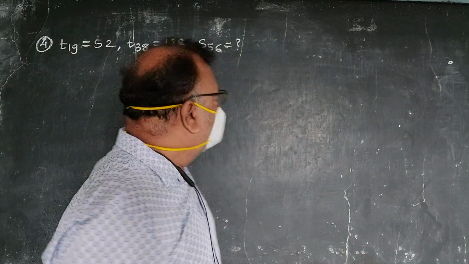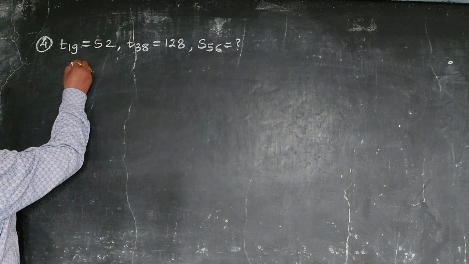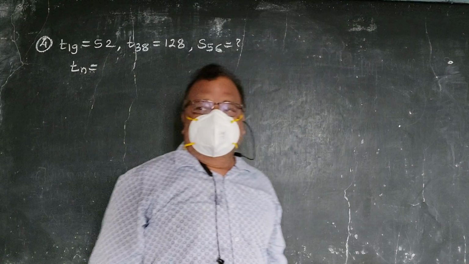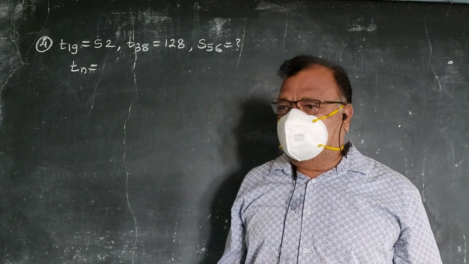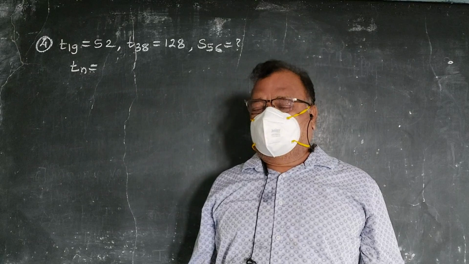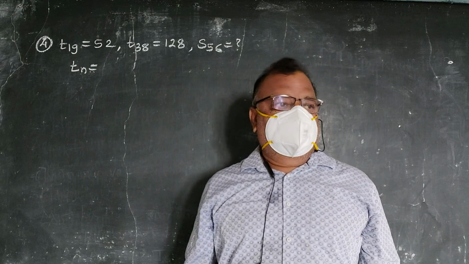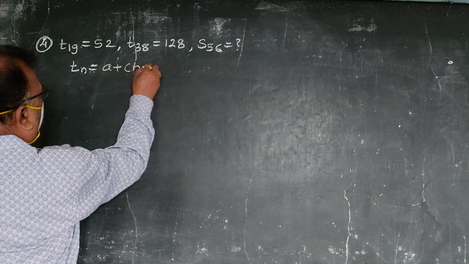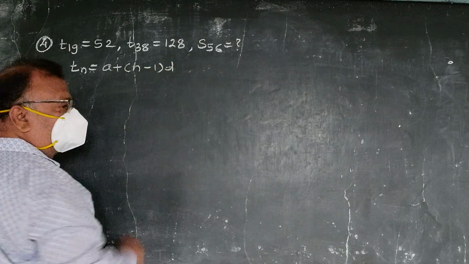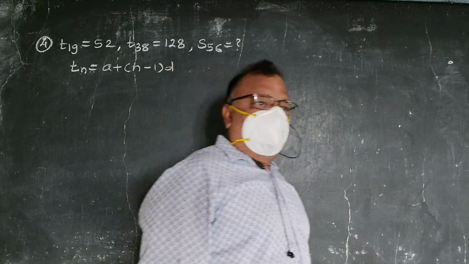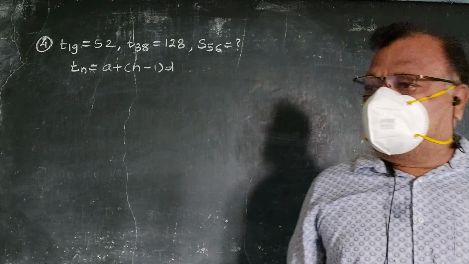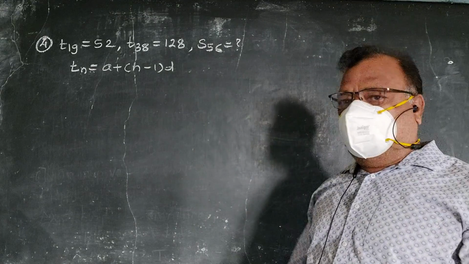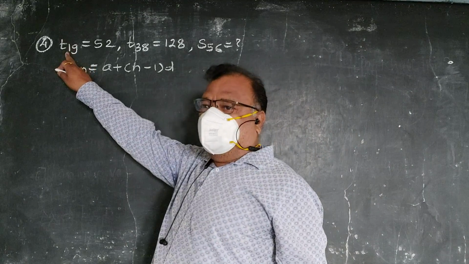One by one. What is the formula for the nth term? Anybody can tell me what Tn is equal to? Correct. A plus n minus 1 into d. Now, wherever n is there, we will put the value of n as 19.